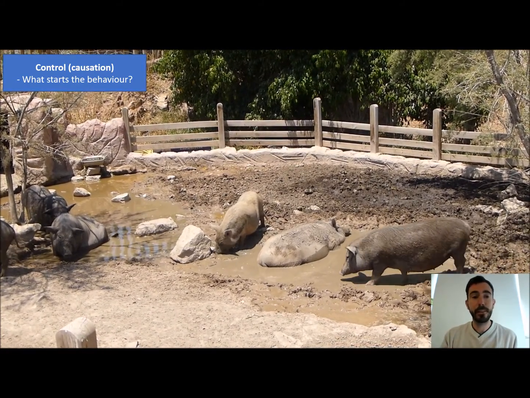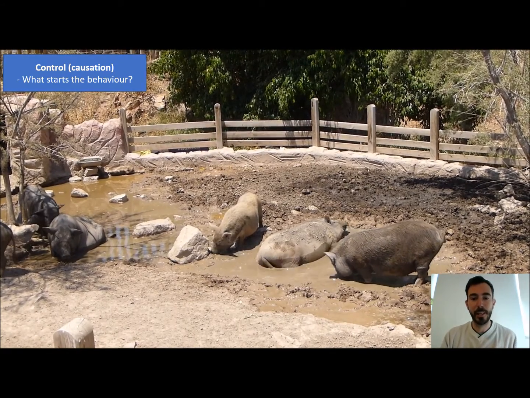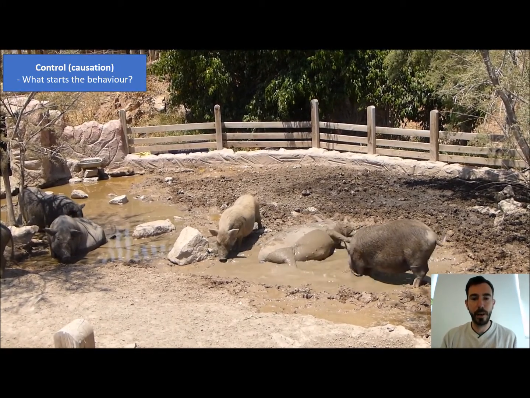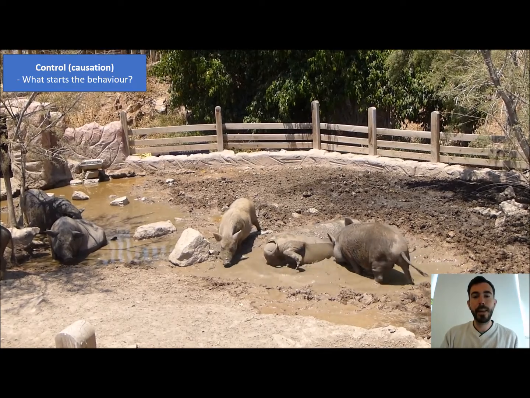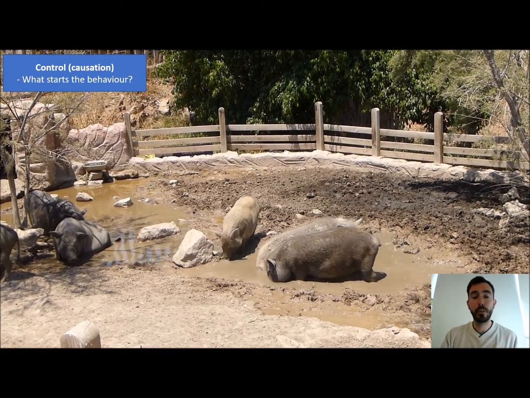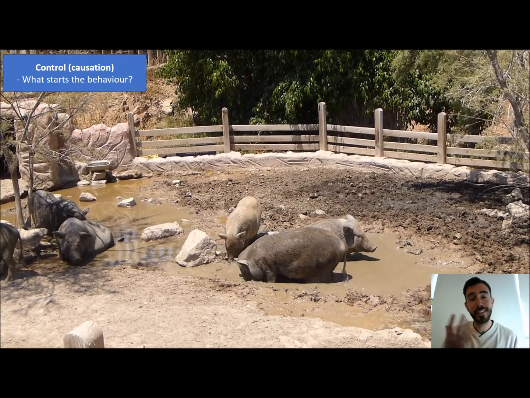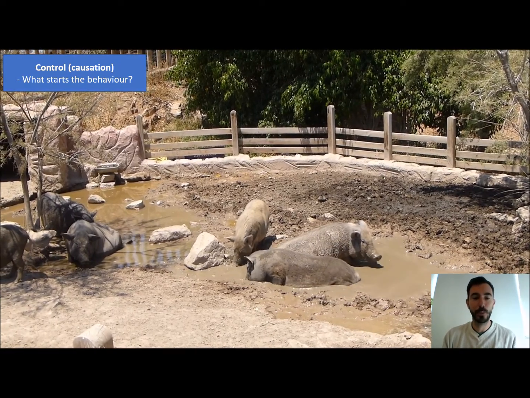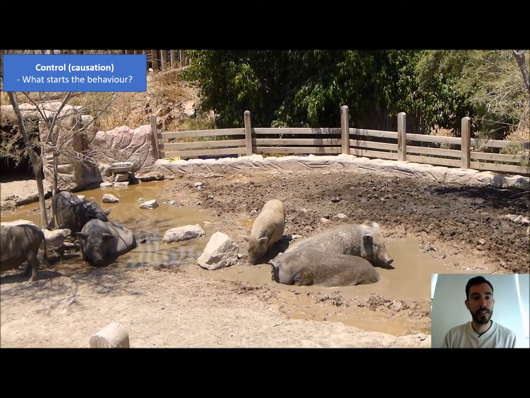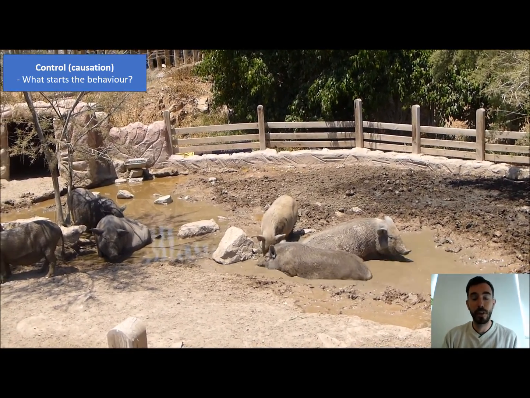So the presence in the environment of these things starts the behaviour from happening. And the pig's natural abilities to look around its environment, to see its world through its nose as it were, because they have an excellent sense of smell, will be the origin of the behaviour.